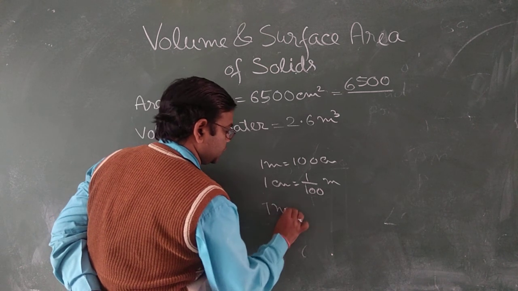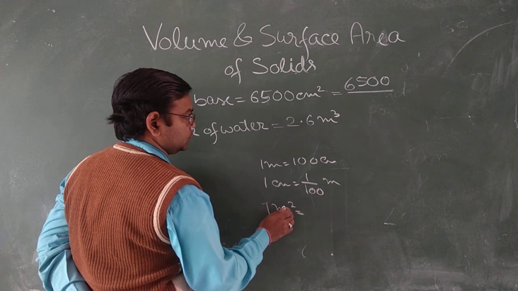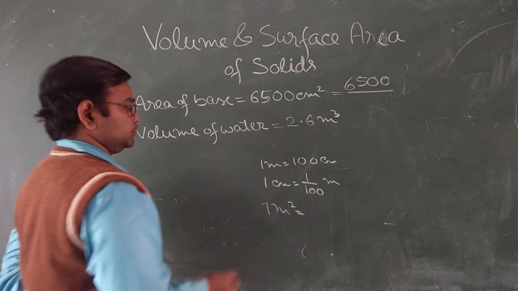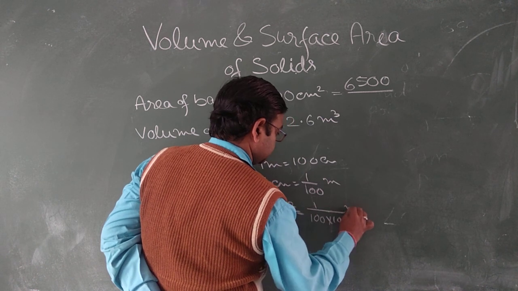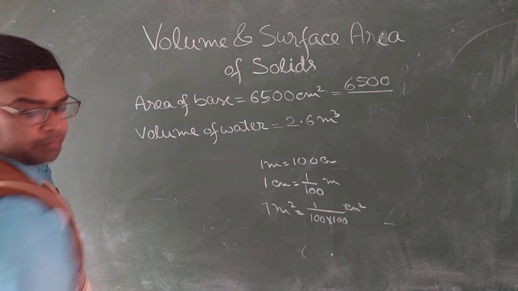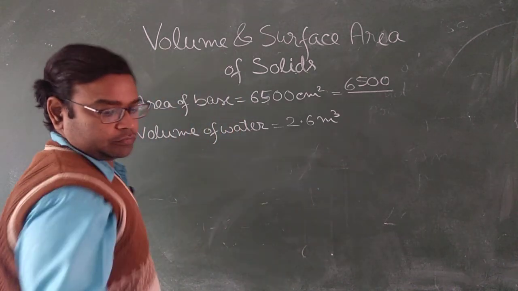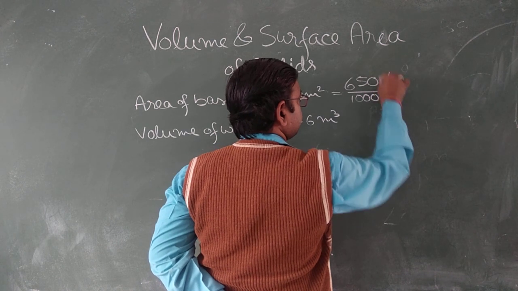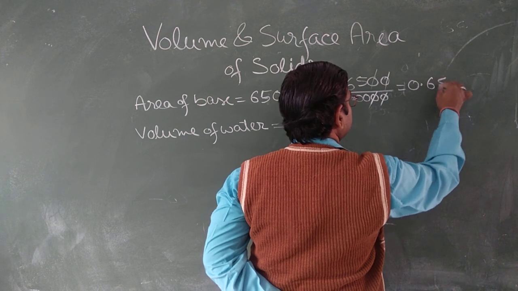So in 1 meter square we have 1 upon 100 into 100, this is a relationship. So by using this we can divide this by 10,000. It's 0.65 meter square.